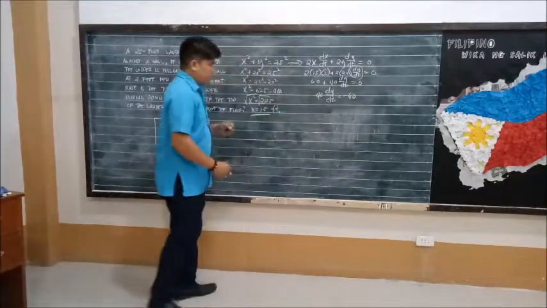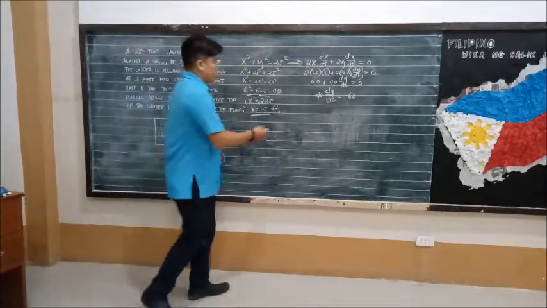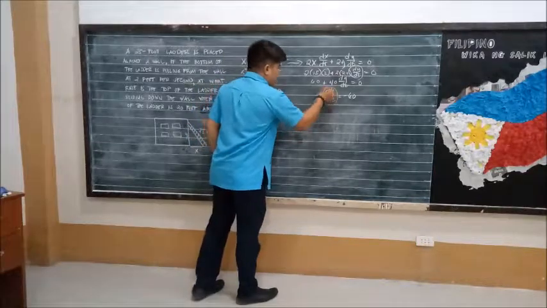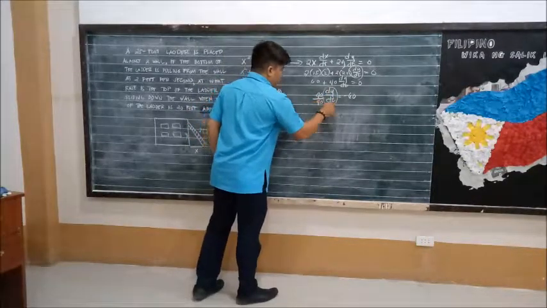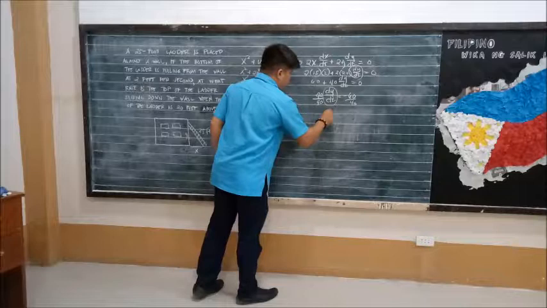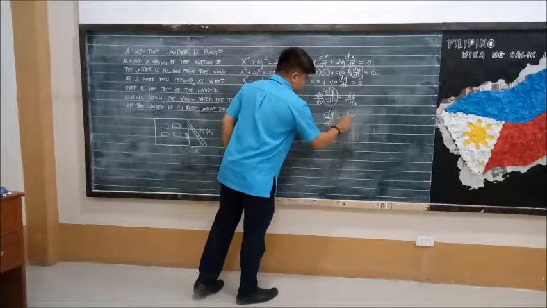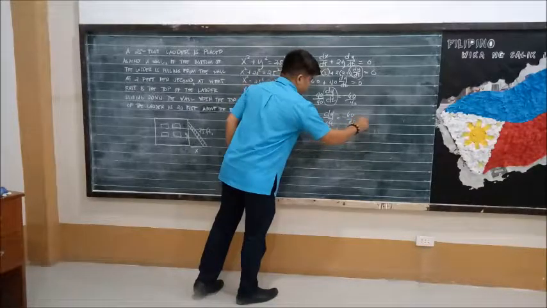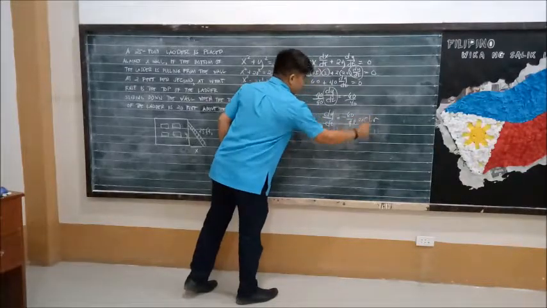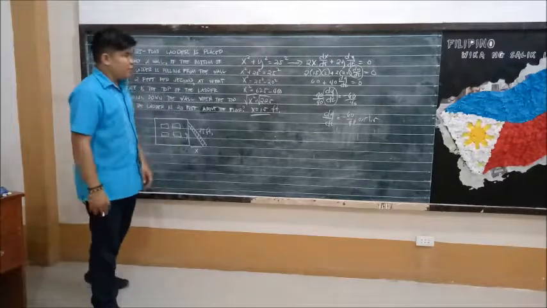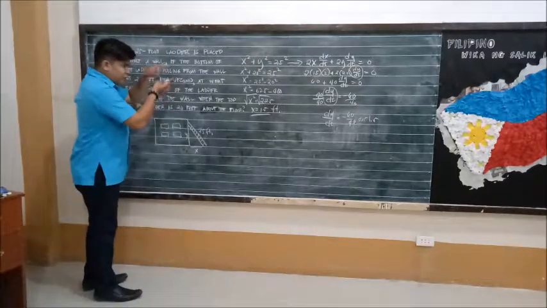We divide by 40 to isolate dy over dt. So dy over dt is negative 60 over 40, or negative 1.5.